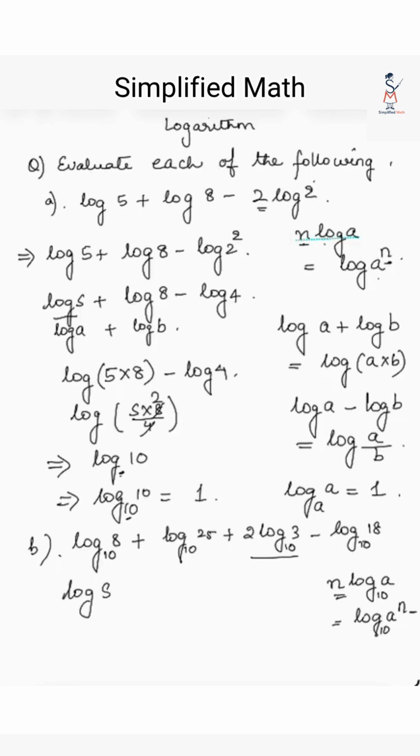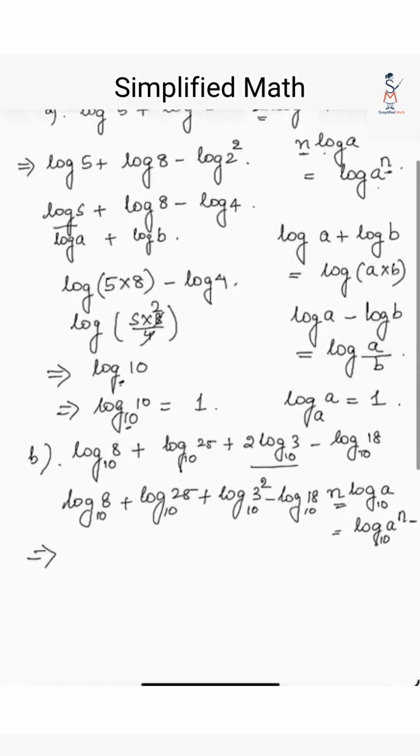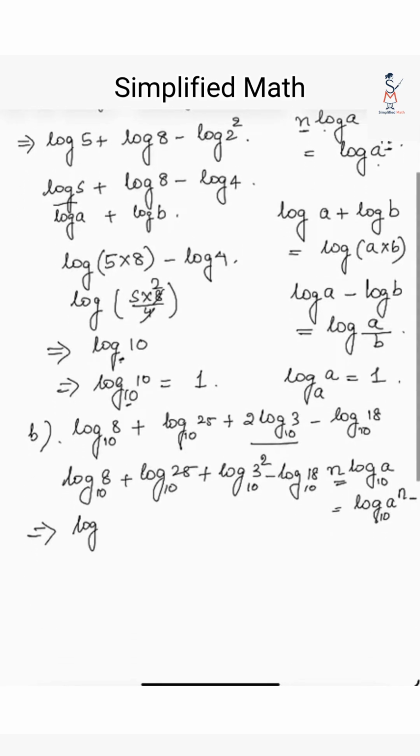So this is log 8 plus log 25 plus log 3 to the power 2 minus log 18. Now this will become log 8 plus log 25 plus log 9 minus log 18 to the base 10.